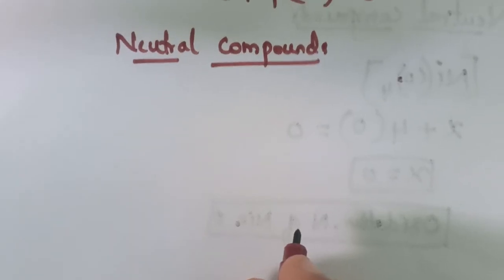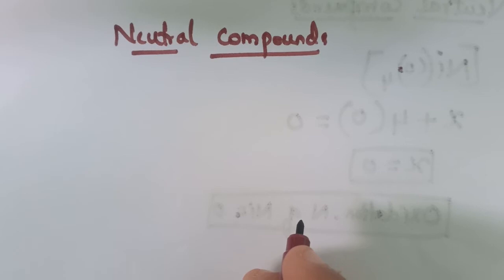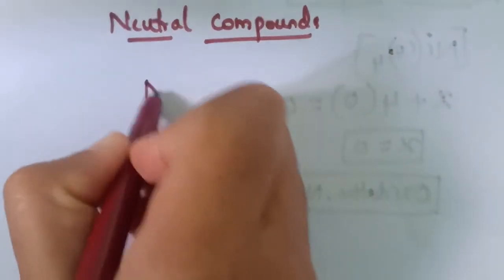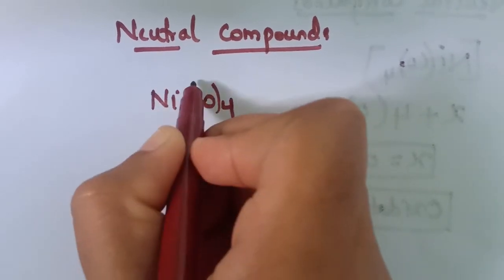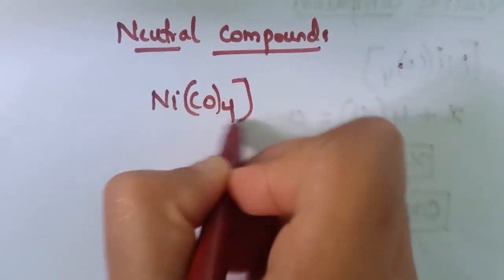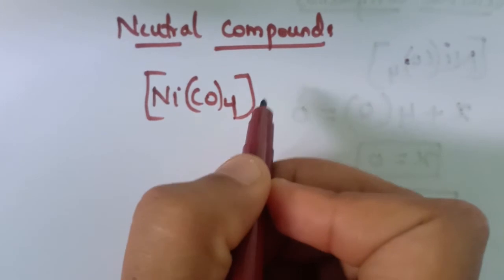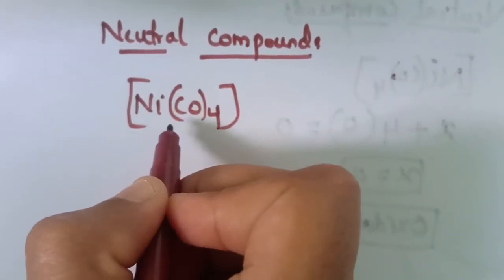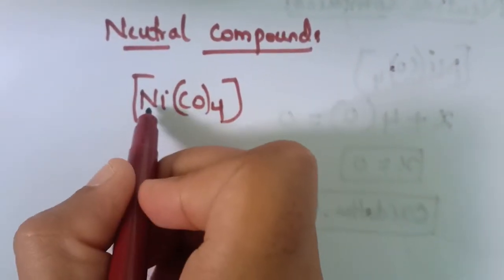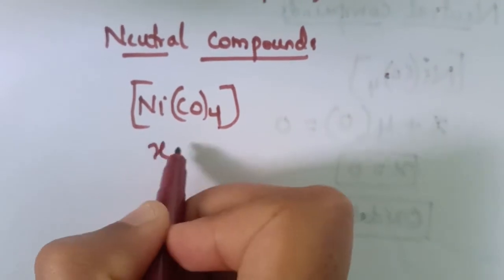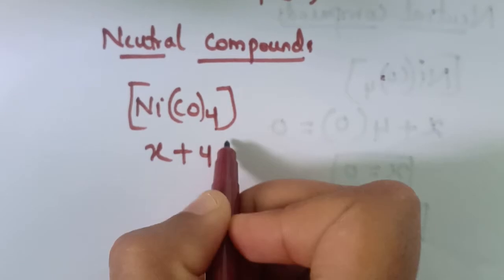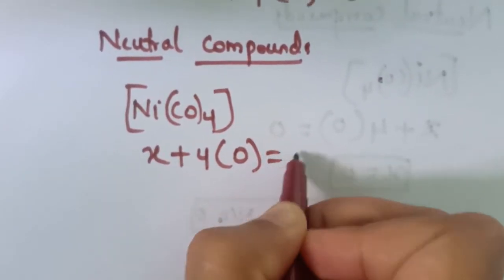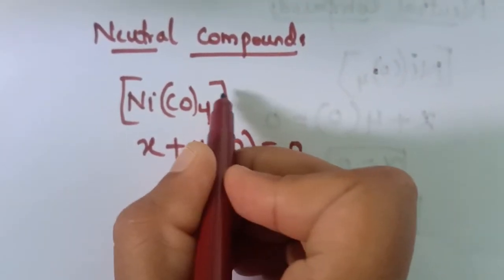Now in neutral compounds we can calculate the oxidation number of the central metal atom. Ni(CO)4. Here it is a neutral compound, it does not have any charge. We don't know Ni's charge here. We can consider it as X plus 4 times 0 equals 0, because it does not have any charge.